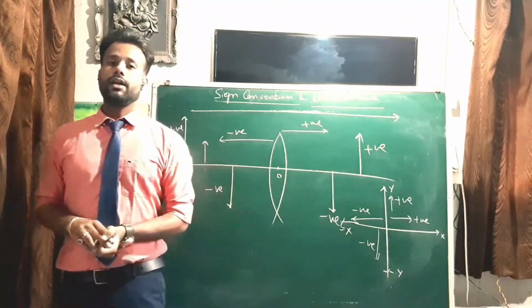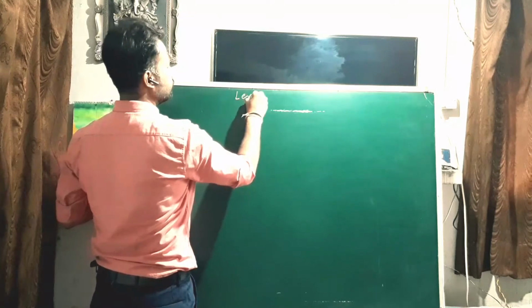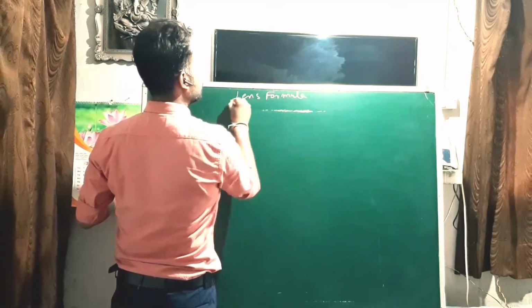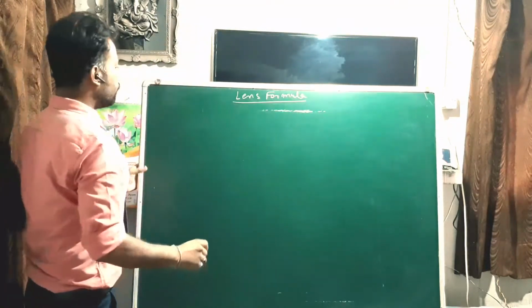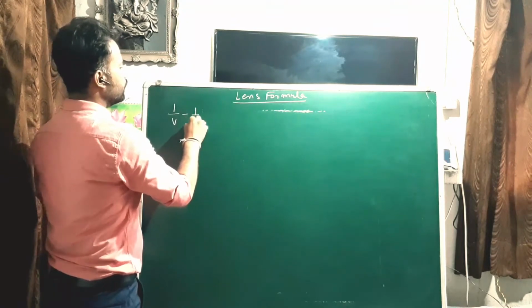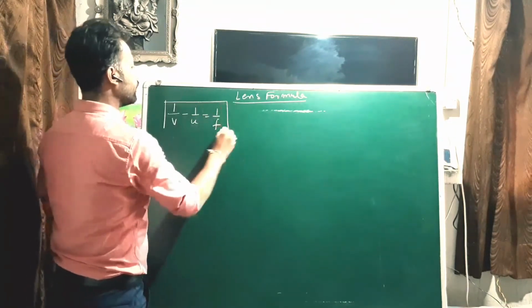So now let's write the lens formula. Lens formula is 1 upon v minus 1 upon u equals 1 upon f.